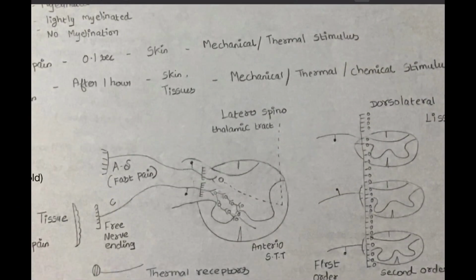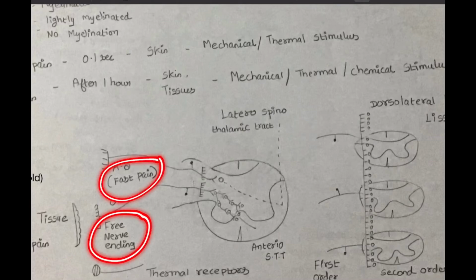Here notice that the sensory nerve fibers from the fast pain and slow pain, unlike the dorsal column, go to the contralateral side and move upwards.